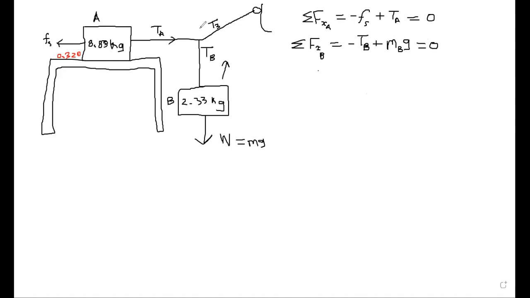Now, for this one, for T3, we can see that it's not horizontal or vertical, but it is sideways, meaning that it has a horizontal component and a vertical component. So what we need to do is to break it down to its components.